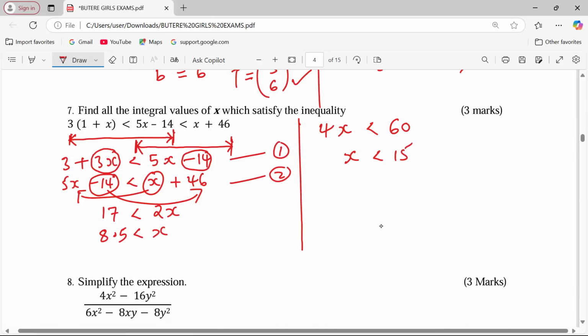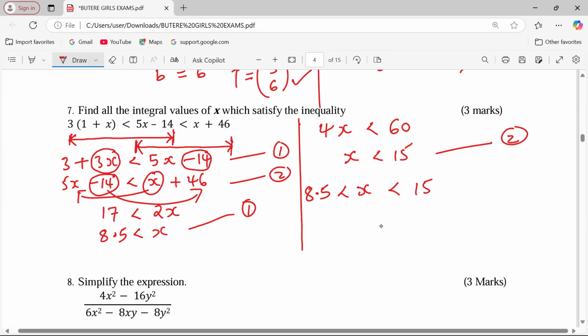So you see now, x is greater than 8.5, but x is less than 15. Therefore, we can come up with a compound statement whereby with x here, we know we should have 15 on the upper side, but on the lower side, according to the first simplified inequality, all the way from 8.5.